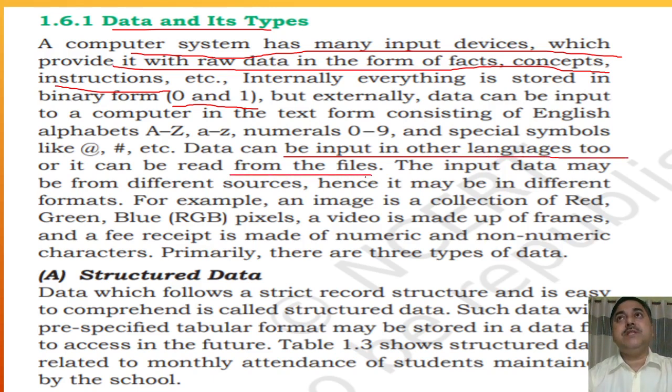That means there should be some file with the help of which we can get different types of information. For example, an image has so many colors, a combination of colors, but originally it is red, green and blue, RGB pixels. So a change in the number of pixels will change the color.